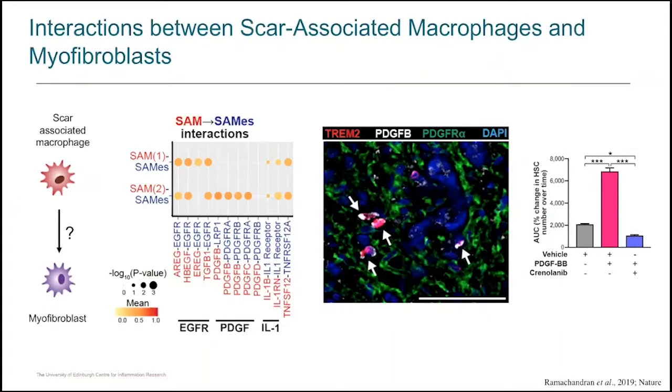Taken together with the previous data showing that conditioned media from scar-associated macrophages promoted hepatic stellate cell proliferation, this data points to a functional role for scar-associated macrophages in regulating myofibroblast cell expansion through the PDGFR-alpha signaling pathway. As mentioned before, this is an example of the many interactions identified in our dataset, each with the potential of being a tractable target to inhibit human liver fibrosis.